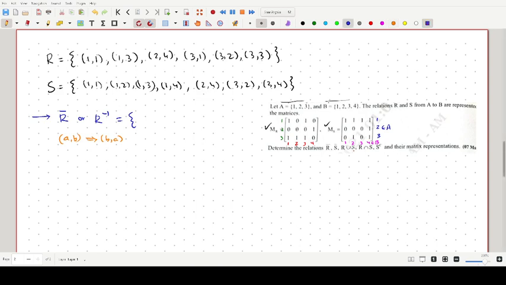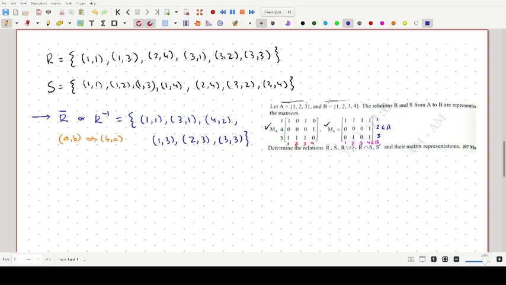Okay, so 1 comma 1 remains 1 comma 1, the 1 comma 3 becomes 3 comma 1, the 2 comma 4 becomes 4 comma 2, and 3 comma 1 becomes 1 comma 3, and 3 comma 2 becomes 2 comma 3, and 3 comma 3 remains 3 comma 3.